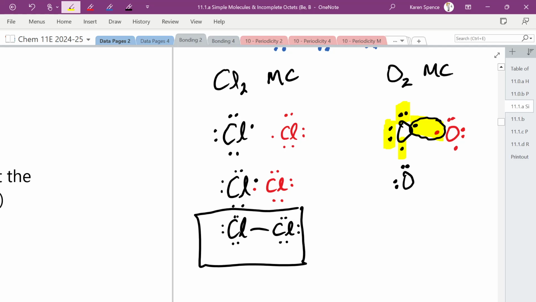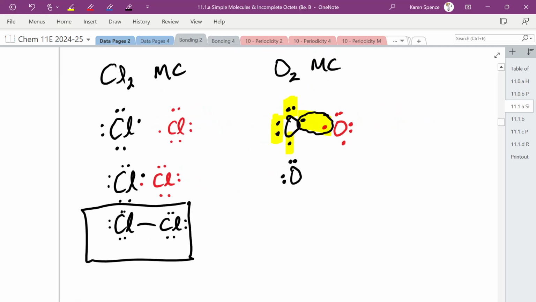Not good enough. Besides which, almost never do you find an unpaired electron in a structure. There are exceptions to that, but we're not even going to deal with them until after Christmas. So we cannot have an unpaired electron, and we cannot have only 7 electrons. How could we make the oxygen on the left happy?